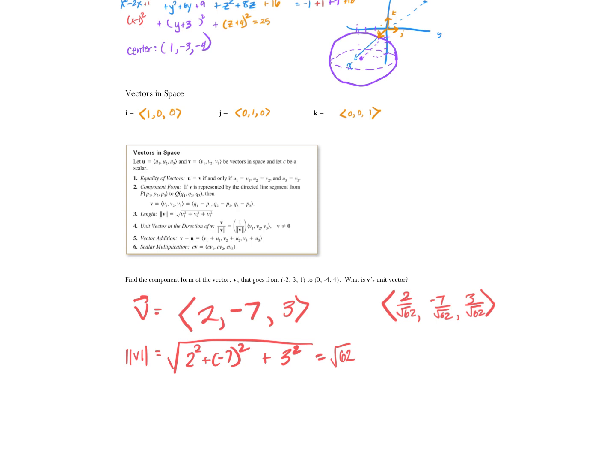If you wanted to, you could call that 2 root 62 i. Wait, so why do we put it over the square root again? If we're finding that vector's unit vector, the total length of the vector needs to be 1 unit. Oh, okay.